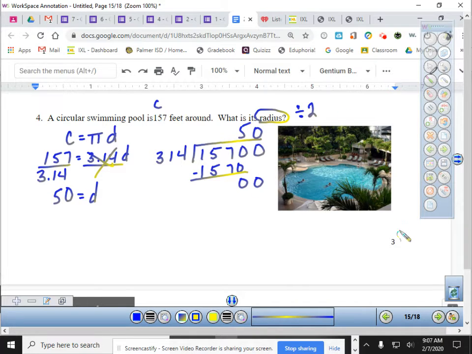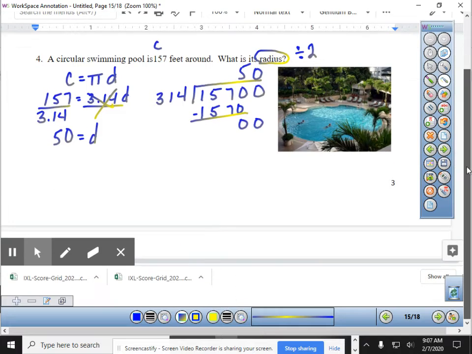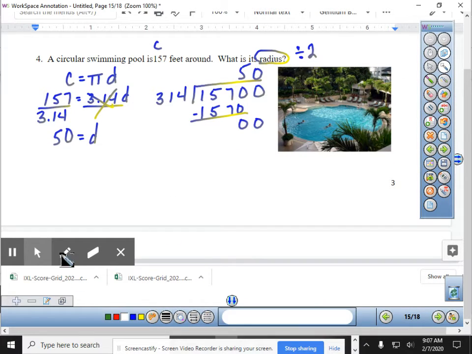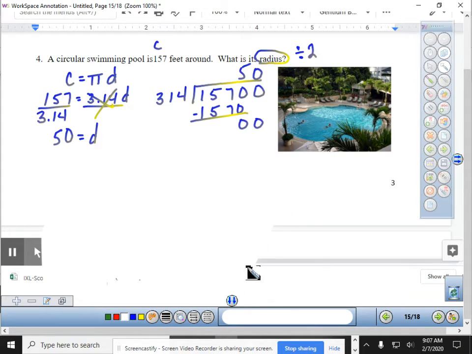Okay, here's your challenge. Find the area of that pool. Do it right now. Y'all can do it. I just did it. Look back at the last one. You can do the math.